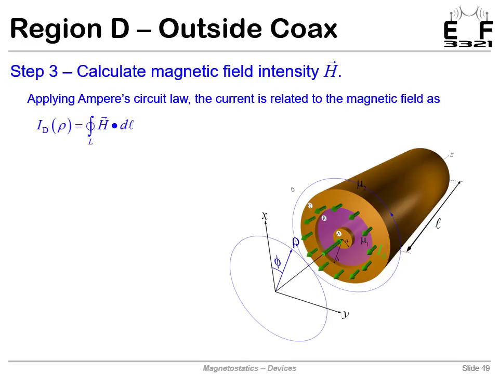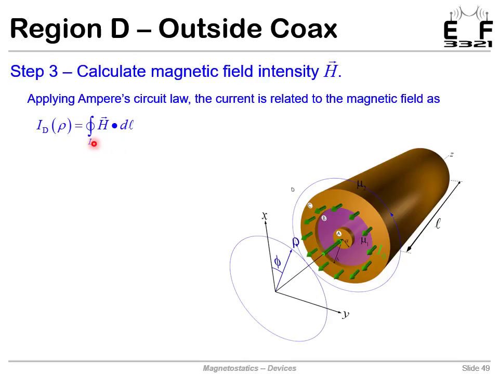Now we move out to region D. And so this becomes simple. Total enclosed current is 0 because we have current I naught traveling one way. Then we have also current I naught traveling the other way, and so they cancel. So the total enclosed current is 0 here.